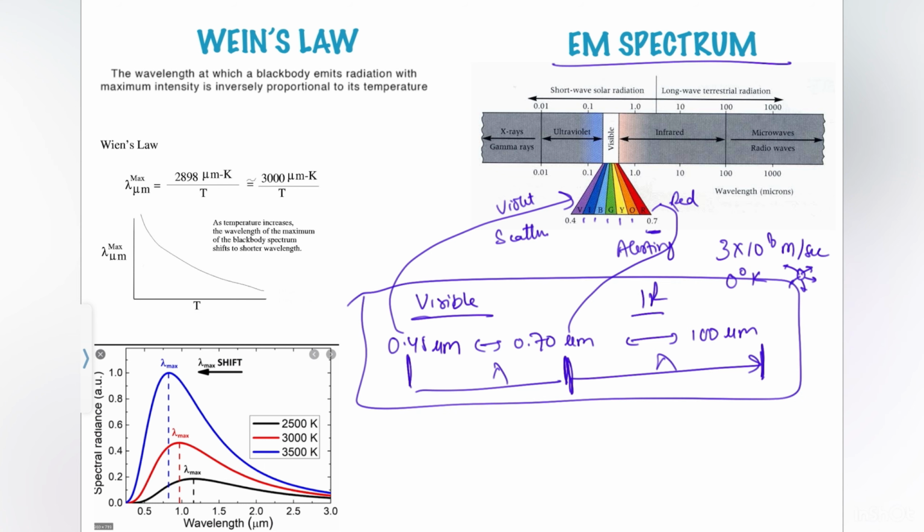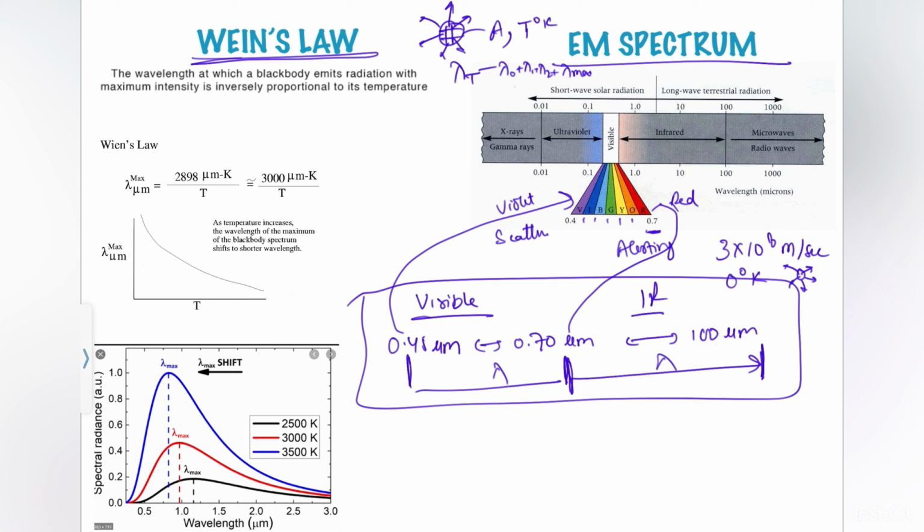Coming to the topic, we need to understand Wien's law, a very important concept. Any body, let's say body A, at temperature T degrees Kelvin radiates a mixture of wavelengths: lambda total is the summation of lambda 0 plus lambda 1 plus lambda 2, and so on. There are multiple wavelengths, and one of them will be the maximum intensity.